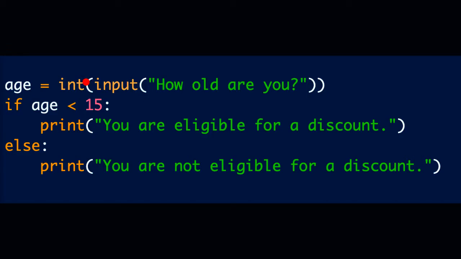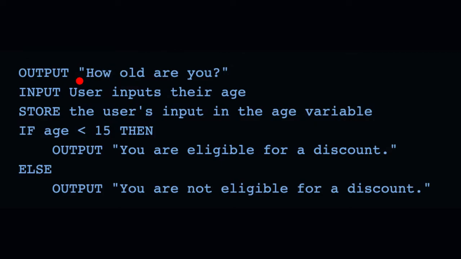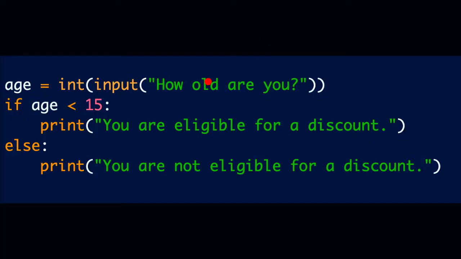Okay, now look at the first three lines, those lines that we had here, the output, input, and store. Look at these three lines. It's now wrapped into one line. Input, and when you write this, how old are you, we call it a string. You see it is wrapped between two delimiters, double quotation marks. So how old are you? We give it to input.